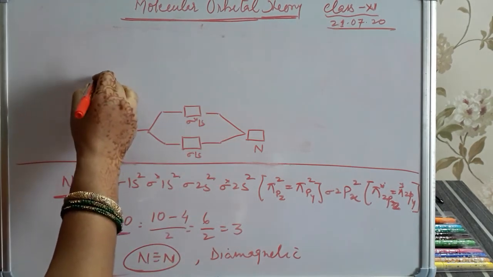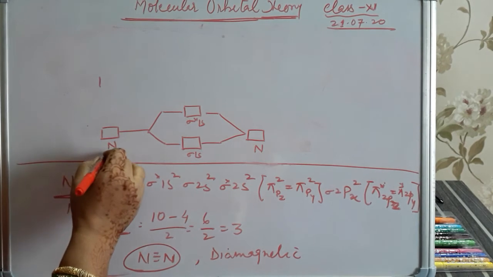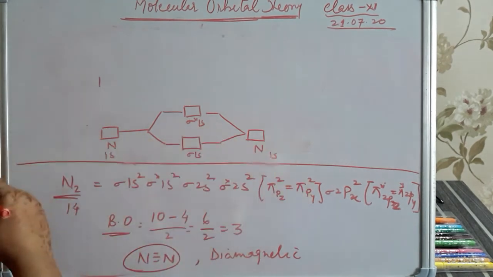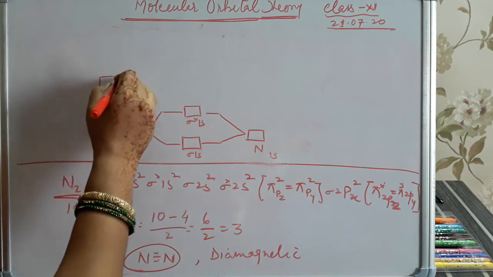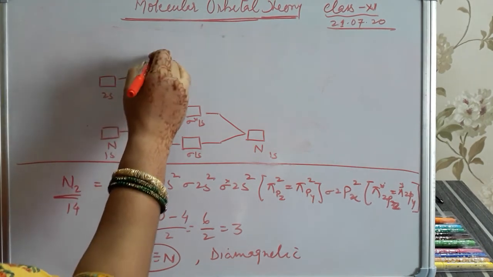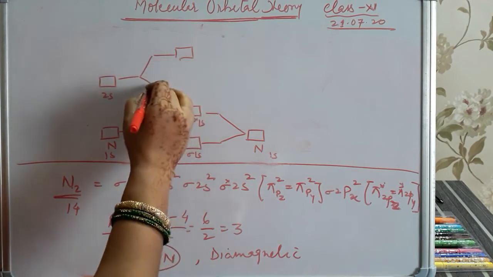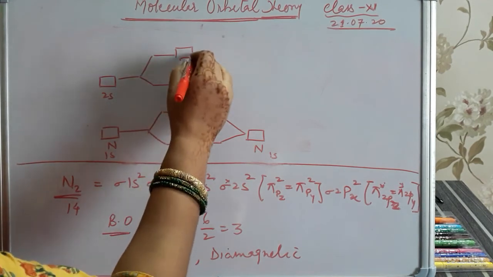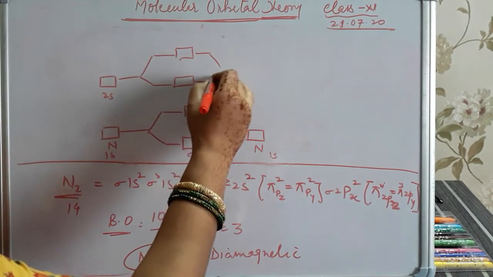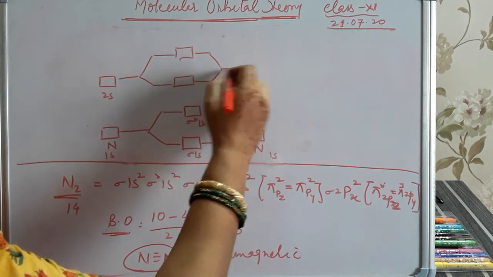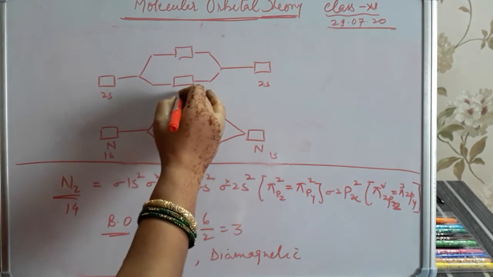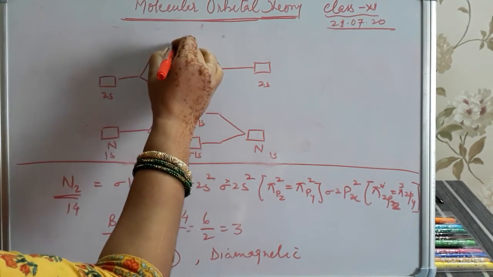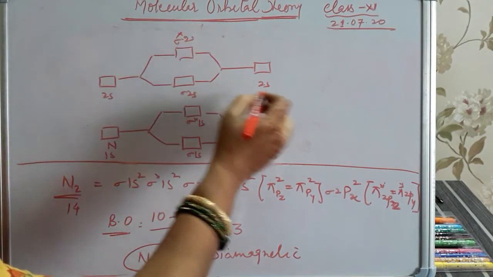Another you represent like this, 2s for 2s, and represent for 2s. Sigma 2s and sigma anti-bonding 2s.